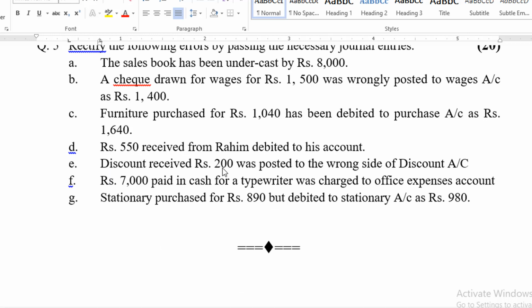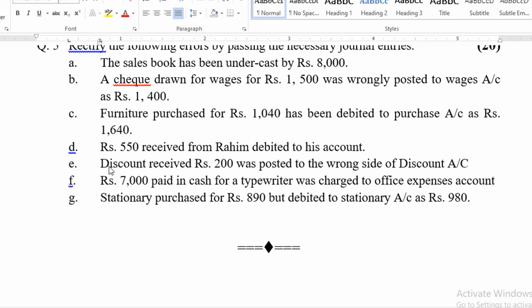Discount received rupees 200 was posted to the wrong side of the discount account. So first understand what this account is. If we give discount, it is an expense and it will occupy the debit side of the account. If we receive discount, it will be income and it will occupy the credit side of the account.